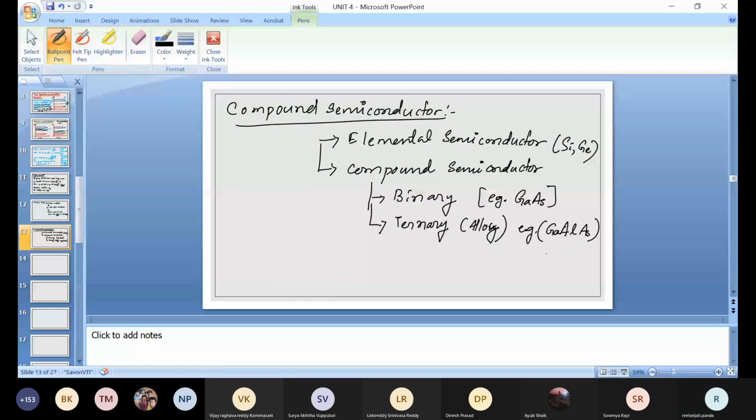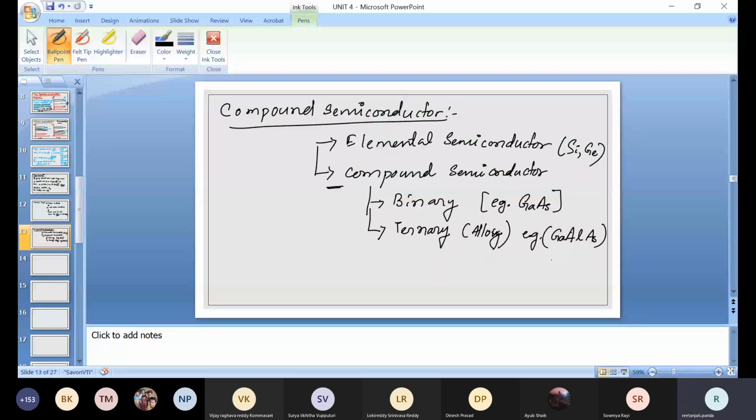Now, to get a compound semiconductor, it is not always mandatory to use silicon and germanium only, or only the fourth group elements. We can get a semiconductor with third group, second group and fourth group elements as well.